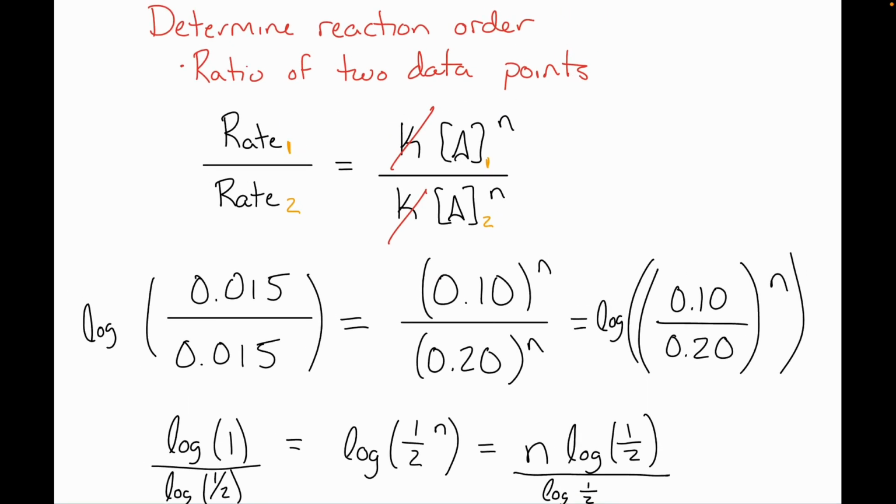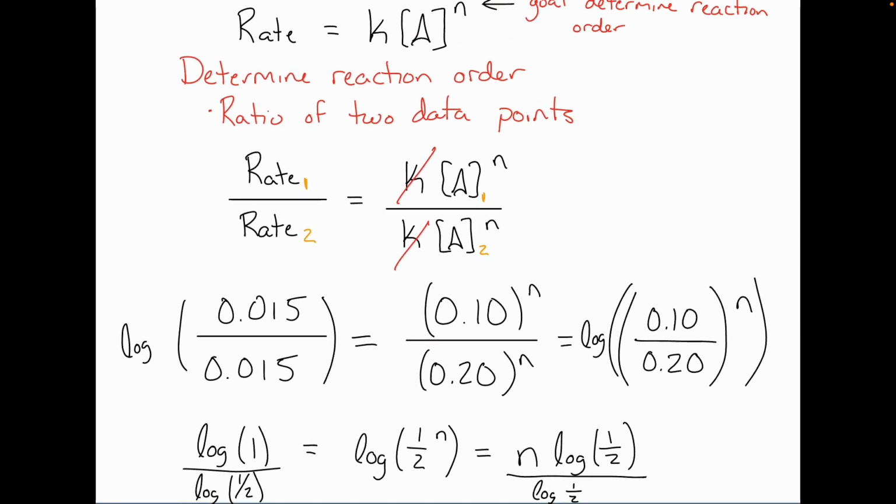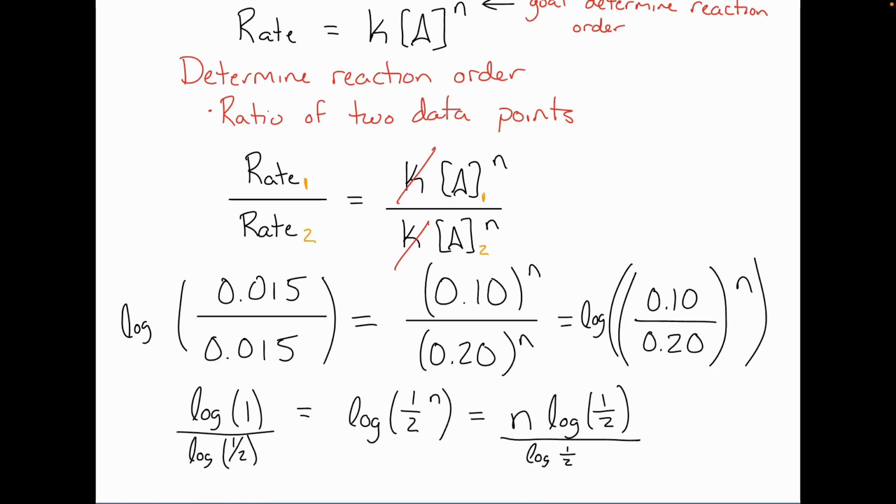This is going to be a 0th order reaction because that rate doesn't change. And now everybody just take your calculator and convince yourselves that the log of 1 divided by the log of 1/2 is indeed 0. All right, so we can indeed get our value for n here. Correct. The log of 1 is 0. So that does it in and of itself. Yep.